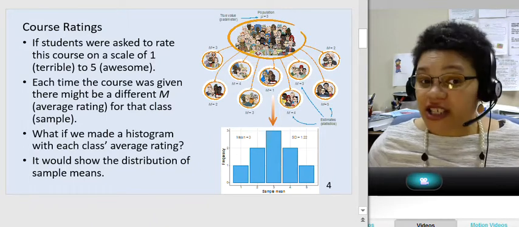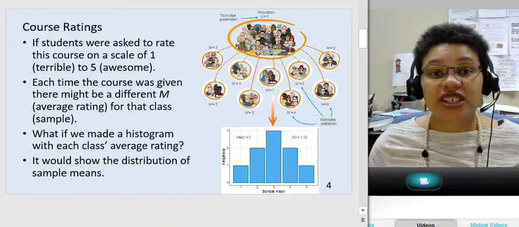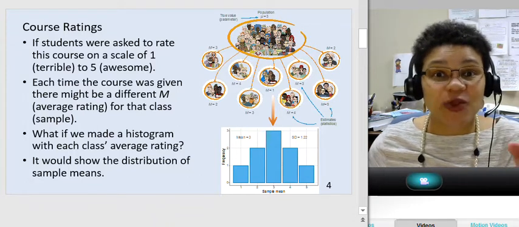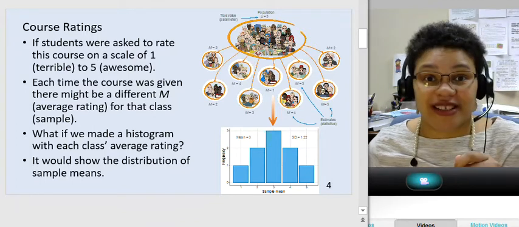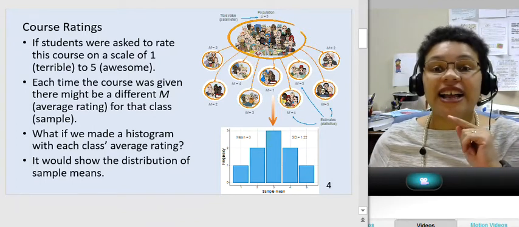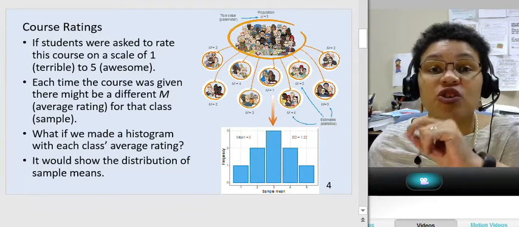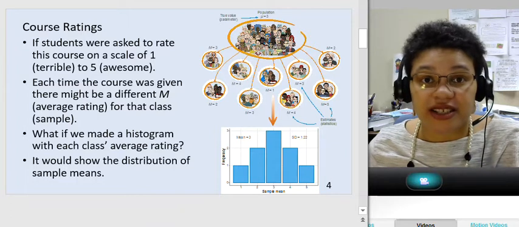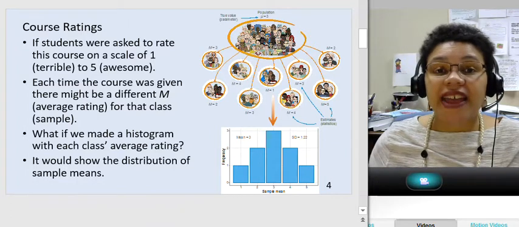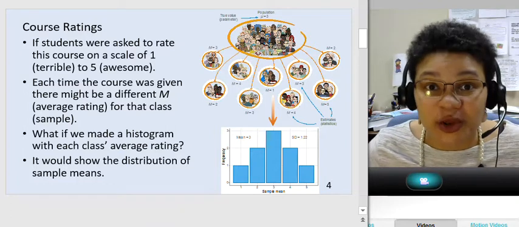What if we made a histogram with each class's average rating? It would show the distribution not of ratings, but of average ratings. We're not showing the distribution of how each student scored this course, but the average ratings for each class that took this course.